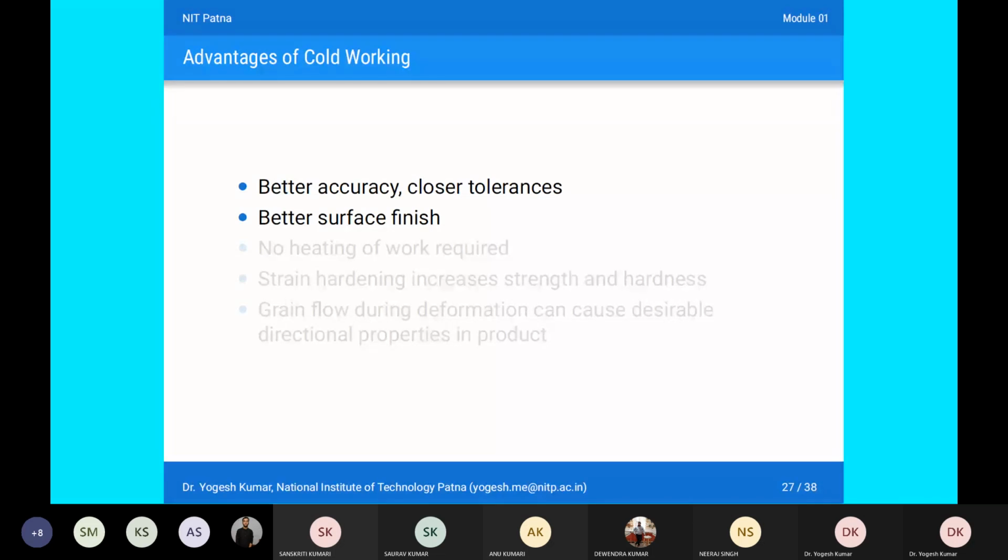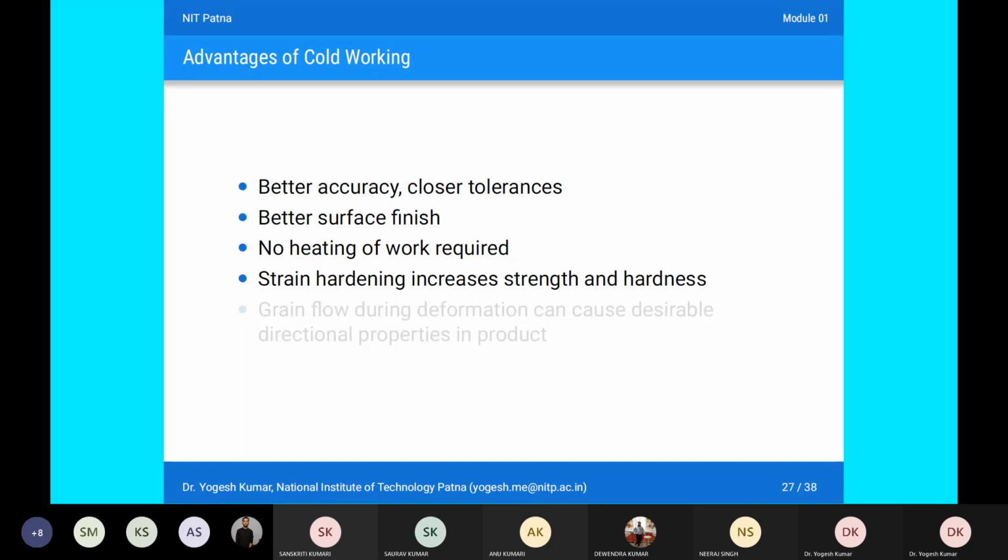So we obtain a very good surface finish, or we can say a better surface finish as compared to warm or hot working processes in the case of cold working. Yeah, it is obvious, no heating of work is required.